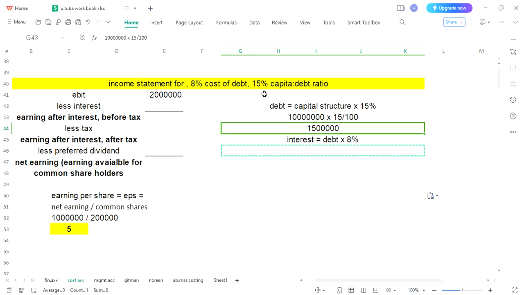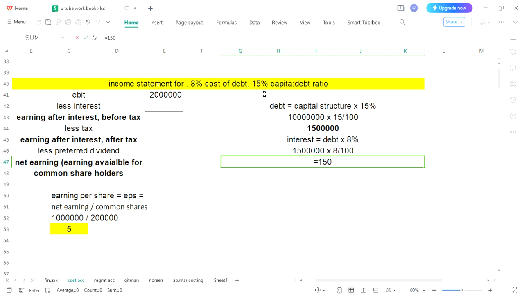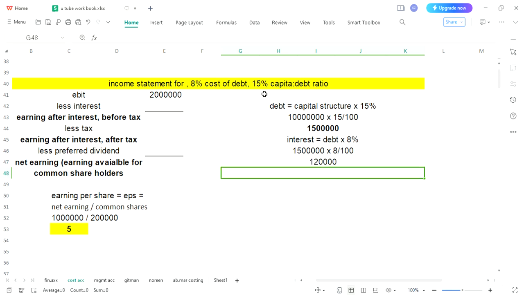This is your debt, 15 lakh, and then you will take 8%. For that you will multiply by 8 divided by 100. Statement has been completed. So 15 lakh would be multiplied by 8 and divided by 100. So you have got your amount of interest, that is 1,20,000.